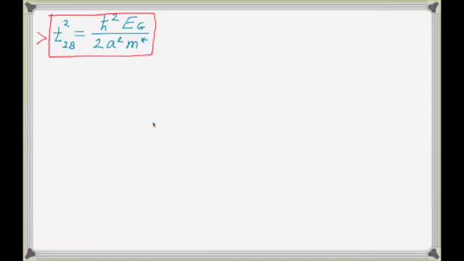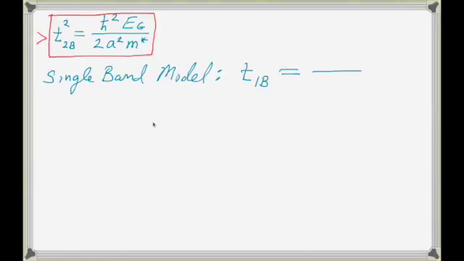For our single-band model, where we just had one atom per unit cell, one S state per atom, we had T, and you just get one band, one cosine band. This was the relationship between that hopping element T and the effective mass and the lattice constant. So what enters into the two-band model is the band gap.